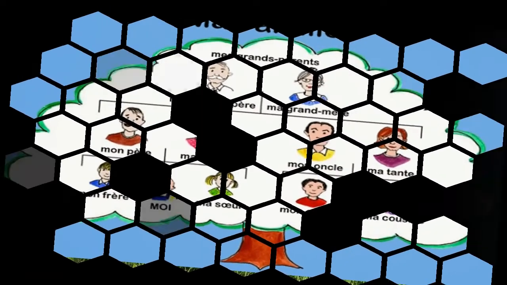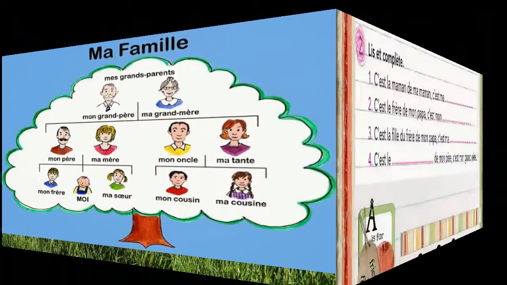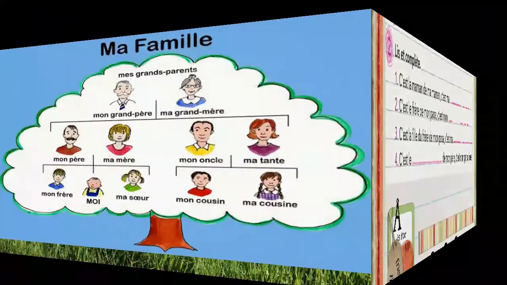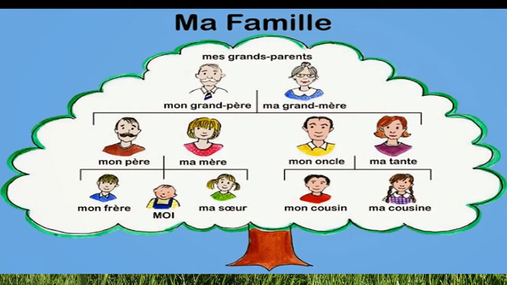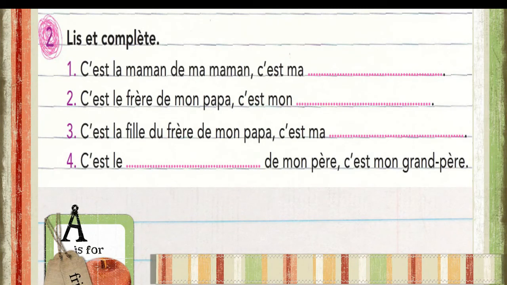After that, I make a revision with them about the family, and they work in the workbook, we make an activity. Ma famille. Here in my family, we make a revision: mes grands-parents, mon grand-père, ma grand-mère, mon père, ma mère, all that we take before, and make with them this one. Complète. C'est la maman de maman.